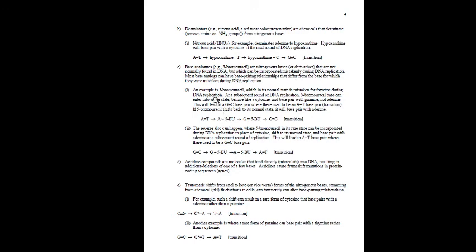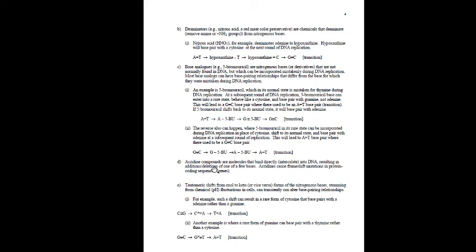The most common example is 5-bromouracil, which in its normal state is mistaken for thymine during DNA replication. The reverse can also happen, that is when 5-bromouracil is in its rare state, it can be incorporated into DNA during replication in place of cytosine. Both these cases will cause a transition.